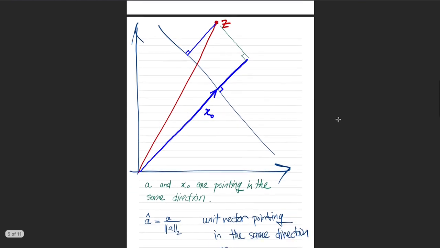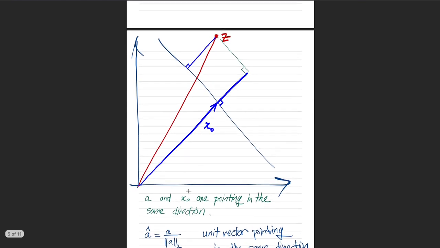Now, let's draw this figure. This is our hyperplane. This is our arbitrary point z. This is our point x0, which we specifically defined in the previous lecture. It's the vector that goes from the origin to the hyperplane, and it's orthogonal to it.